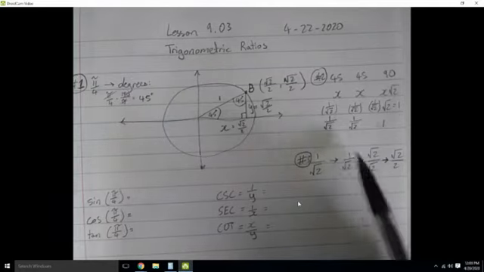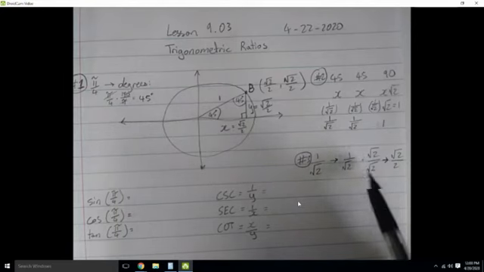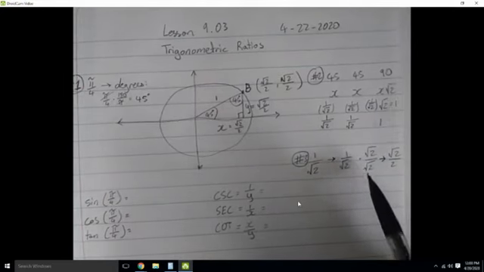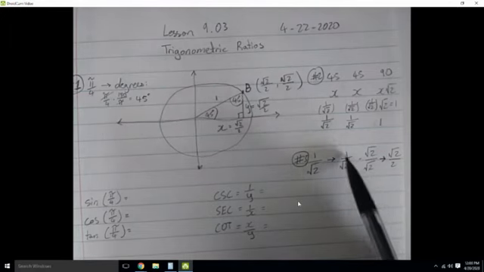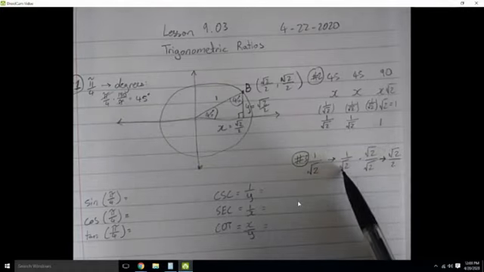When you do that, you won't mess with the value at all. It will just be writing the same thing in a different way, just getting rid of the root in the bottom and putting it in the numerator instead of the denominator. Okay, so when you do this, you end up with 1 times root 2, which is root 2, and then root 2 times root 2 is the same as 2.